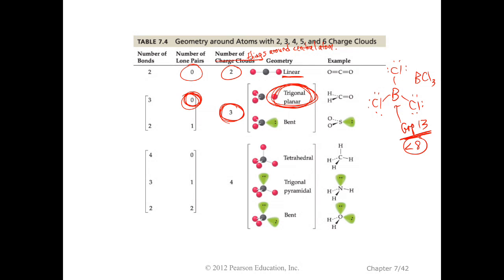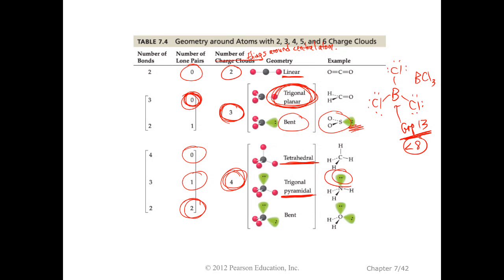If you have 2 atoms bonded to a center plus a lone pair, now it's bent. And then for the 4 series, you can either have no lone pairs, 1 lone pair, or 2 lone pairs on the center, and those shapes are tetrahedral, trigonal pyramidal for 1 lone pair, and bent if you have 2 lone pairs. So water is a bent structure.